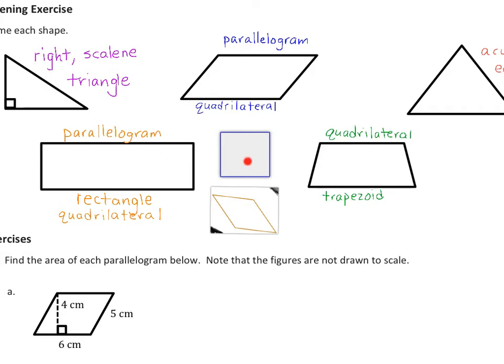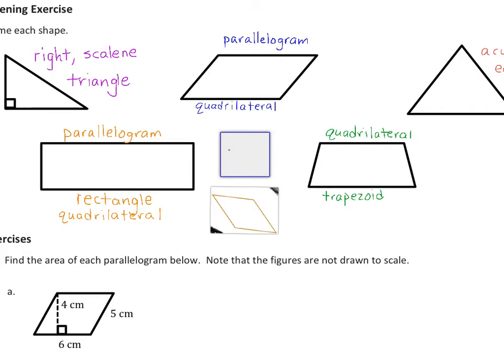Now, this one, remember the rectangle was a parallelogram with four right angles. So this is a rectangle as well. This is not a rectangle because it does not have four right angles. All right, but this shape has a special name. On top of being a quadrilateral and a parallelogram, because it has two sets of parallel sides, and a rectangle because it has four right angles, they also can call it, that's right, a square.